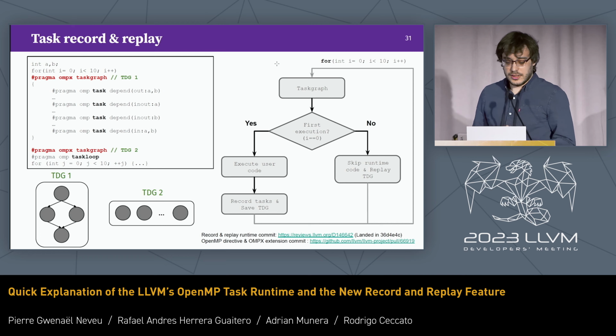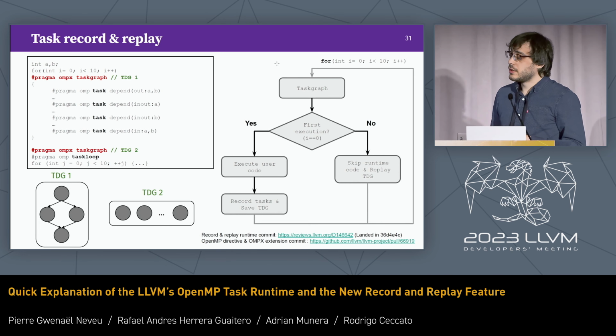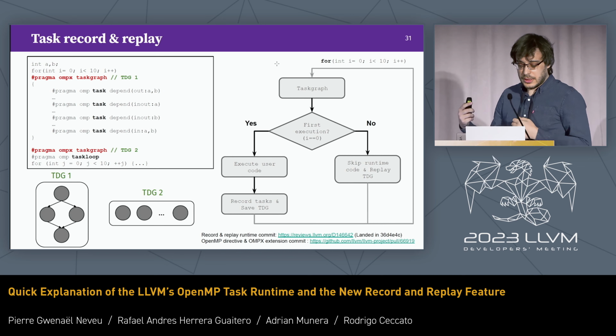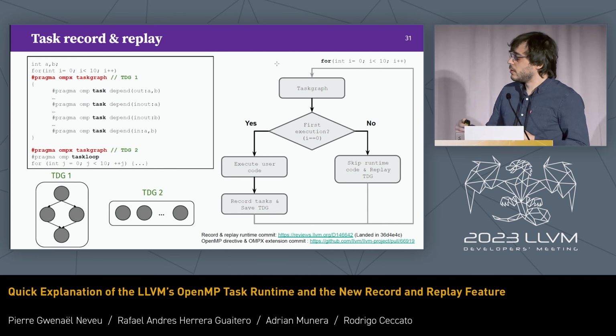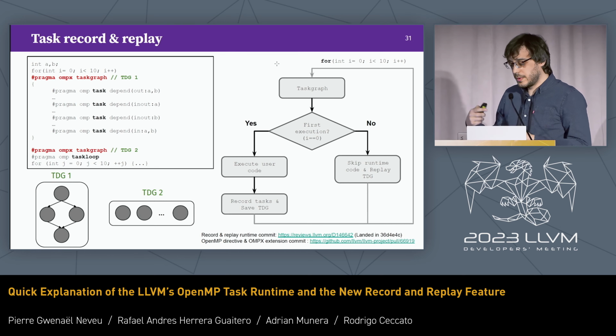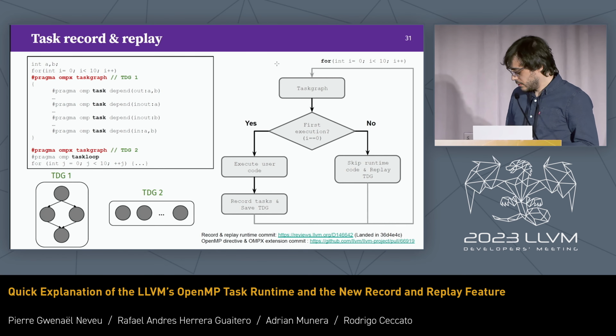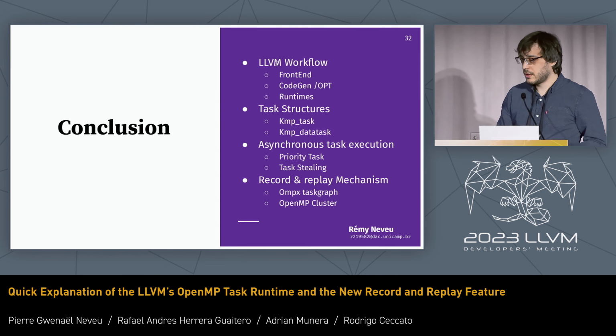When this directive is called, we will start to register the different tasks, and once we go another time over it, we will skip all the runtime calls and all the dependency resolution, and just replay the task graph and gain some performance with that. And thank you.